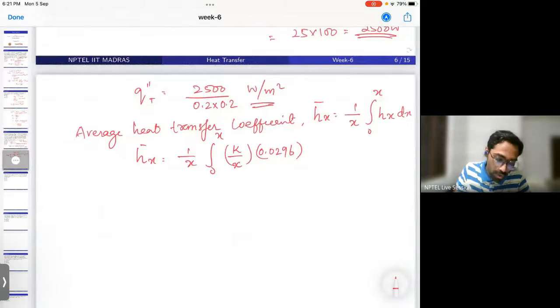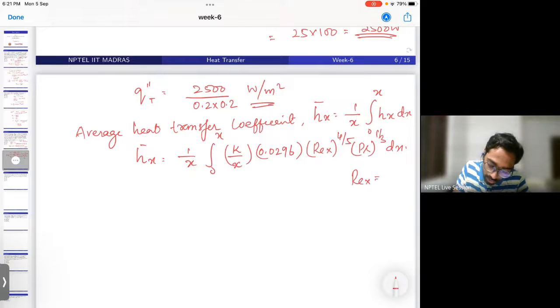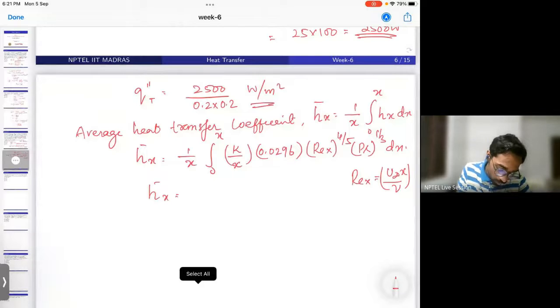So let's continue with the third question. Into Reynolds number of x raised to 4 by 5 and Prandtl number raised to 1 by 3 dx. So Reynolds number x is equal to u infinity x by mu.